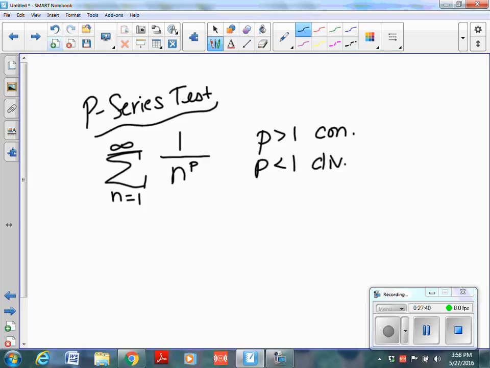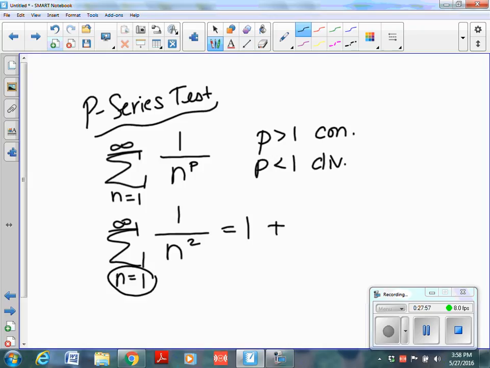So, for example, n equals 1 to infinity of 1 over n to the second. Let's try that. When I let n equal 1, I'm going to get 1. When n equals 2, I'm going to get 1 over 4. When n equals 3, I'm going to get 1/9.